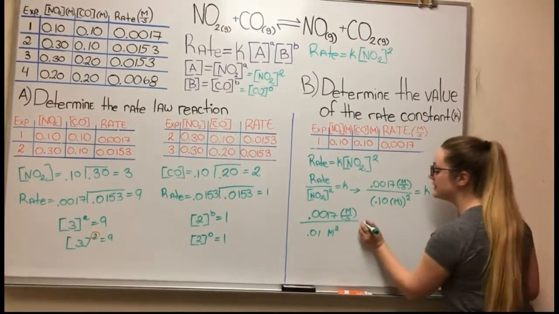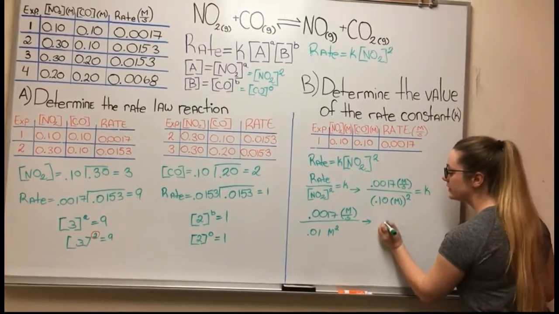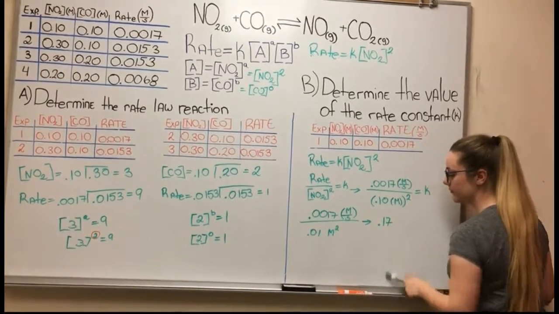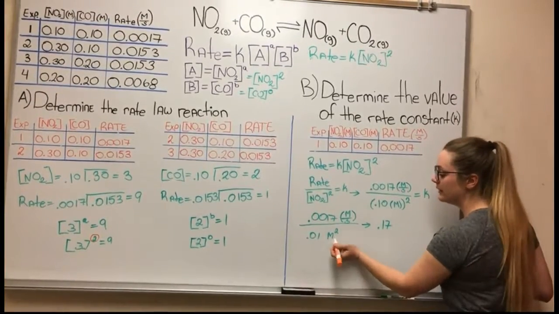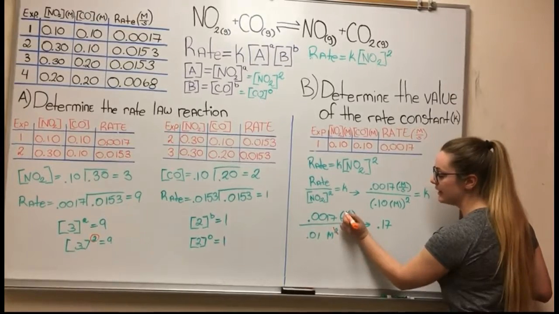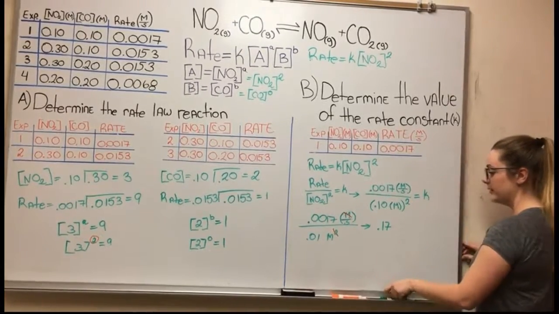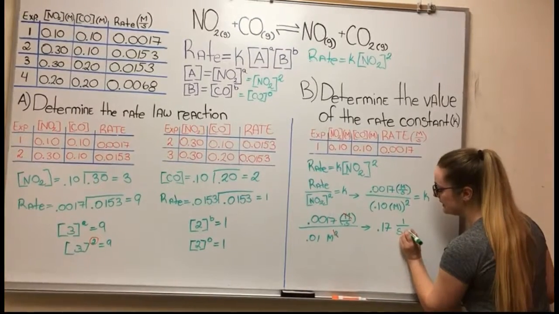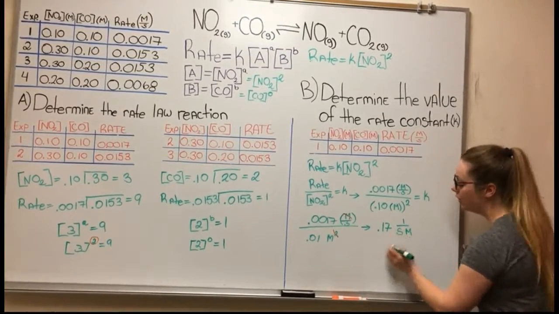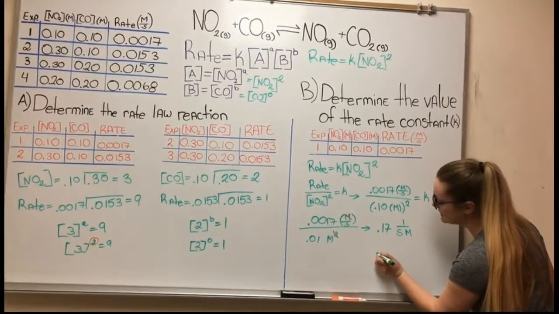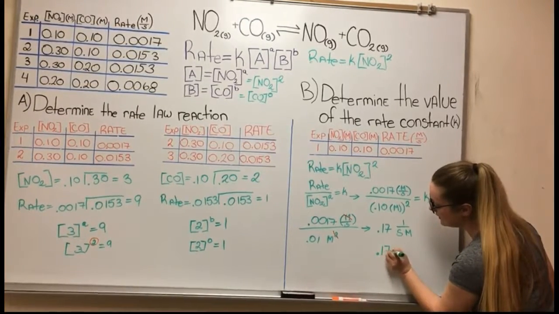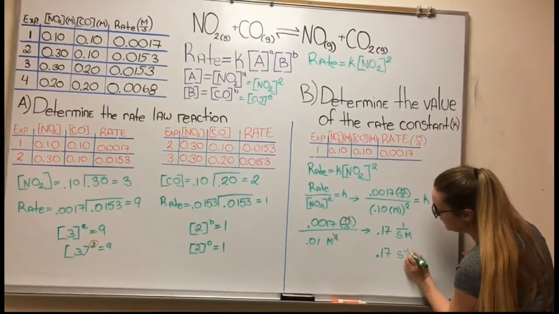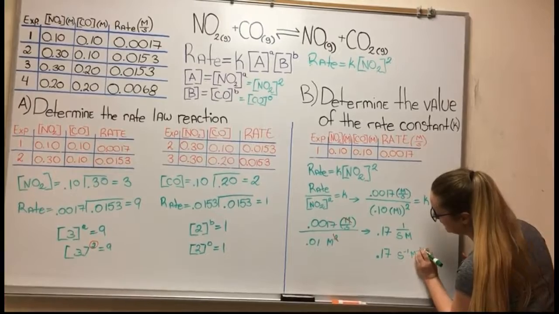To further simplify this, you're just going to do 0.17, and one of the molarities from down here will cancel out with a molarity from up here, giving you a unit of 1 over S times M. Or you could rewrite this as 0.17 times the units of S to the negative 1 power times M to the negative 1 power.